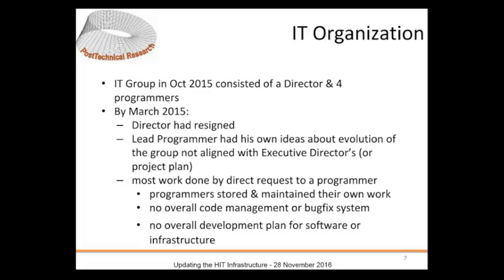So in October 2015, the IT group consisted of a director and 4 programmers. But by March of 2016, the director had resigned, the lead programmer had dug his heels in, and the work process for the group was that individual programmers talked to individual people in the other groups who made requests of them for software tools or analysis.